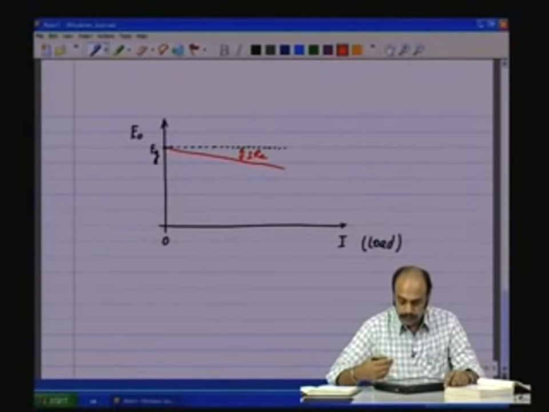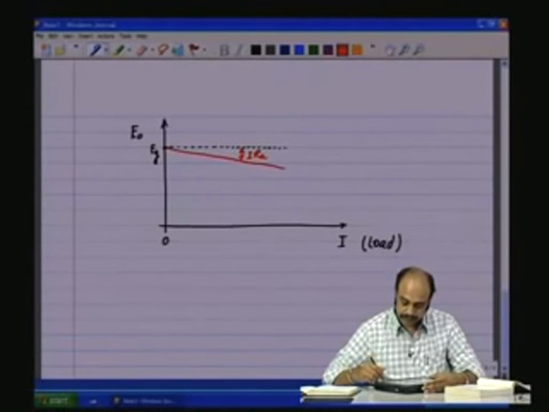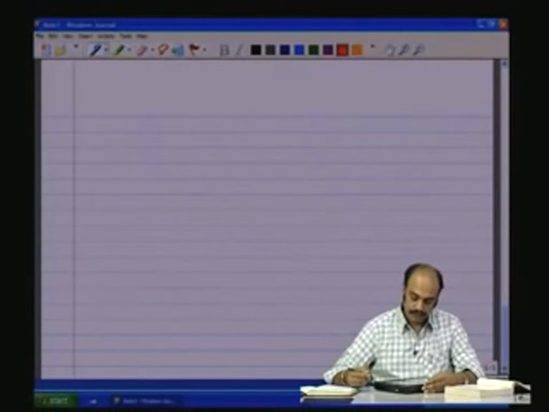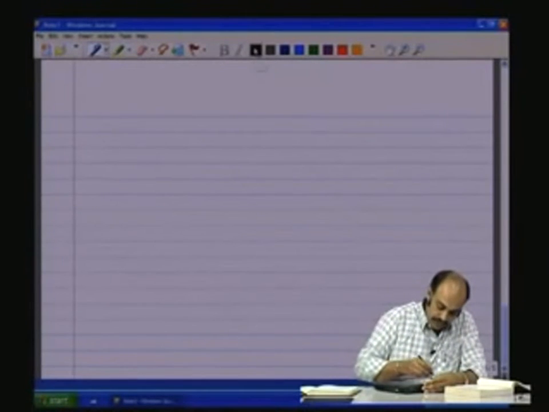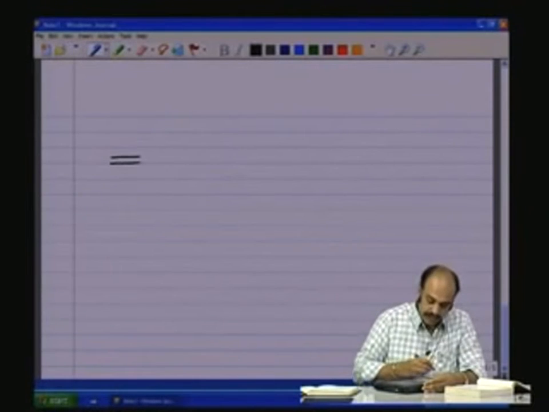So, now that we have an understanding of the equivalent circuit, the non-ideal equivalent circuit, we will now revisit the excitation issue. We have here a motor, the shaft.